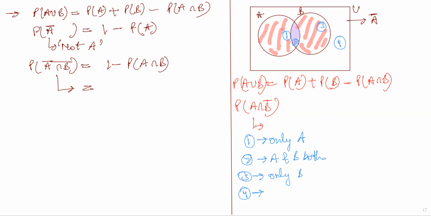Does it contain A? No. Does it contain B? No. Can we call it neither A nor B? Yes, sir. Either we can call it the remaining portion of the universal set, or in terms of A and B, you can define it as neither A nor B.